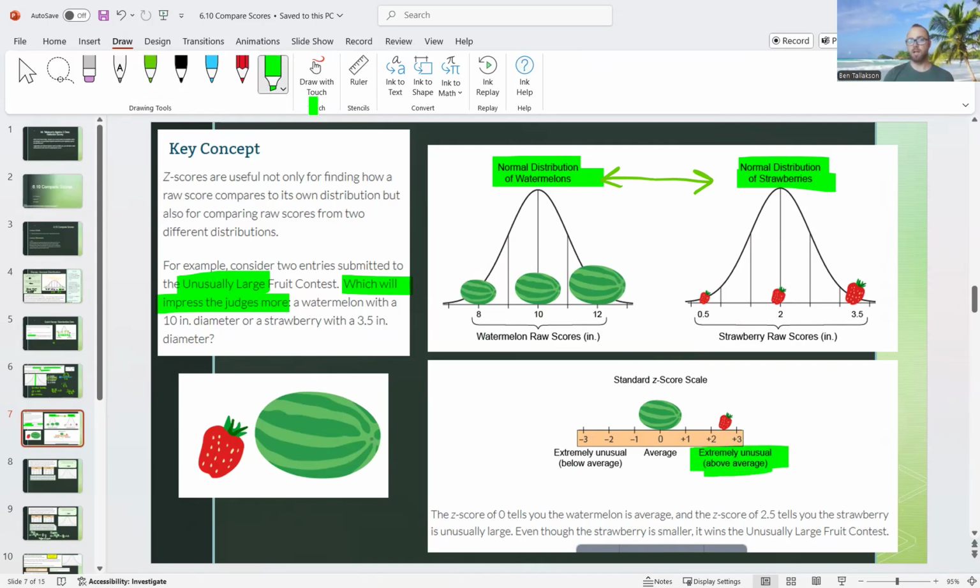We're looking for high z-scores. A 2-inch diameter strawberry is average, so 3.5 is almost double the size of the average. So that's a z-score of about 2.5. So the answer would be the strawberry.